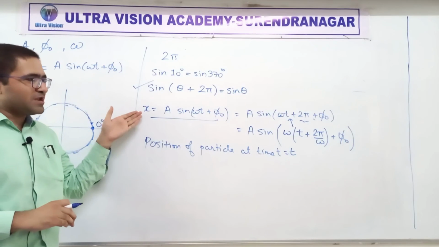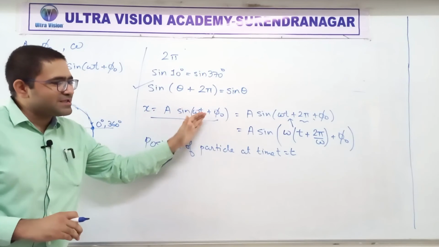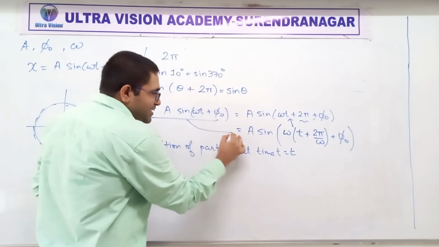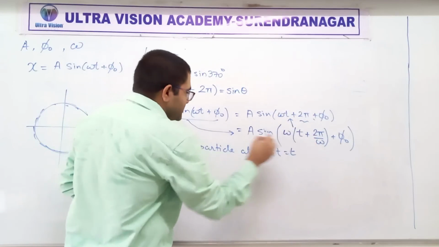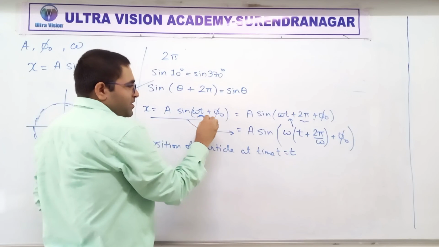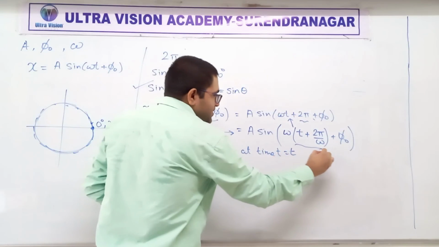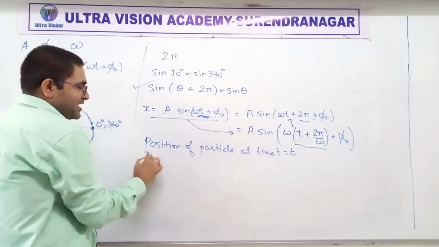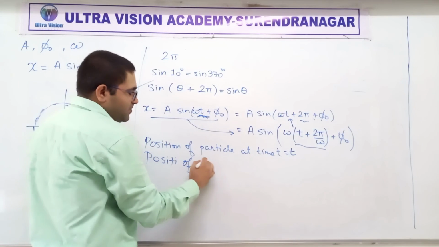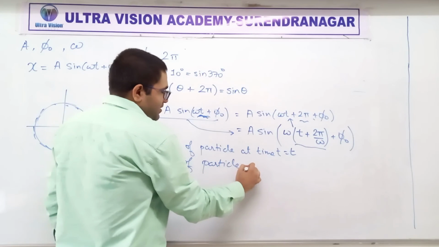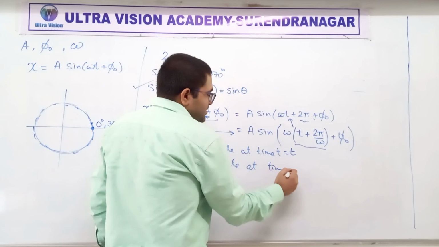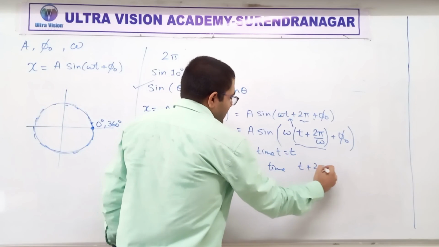Position or x coordinate of the particle at time t equal to t. So do you realize that this is also equal to, if you try to understand here, what's at the place of t here? So I can say that this position is same as the position of the particle at time t plus 2 pi by omega.